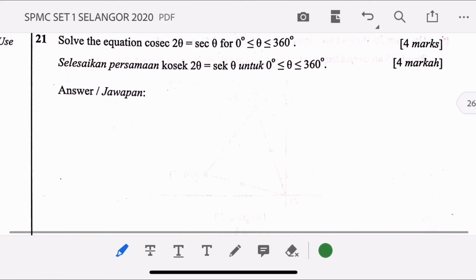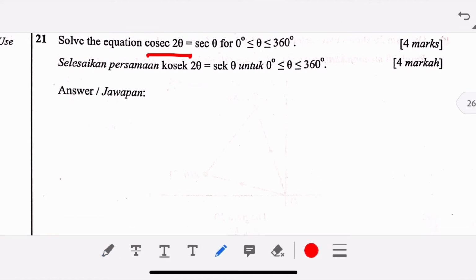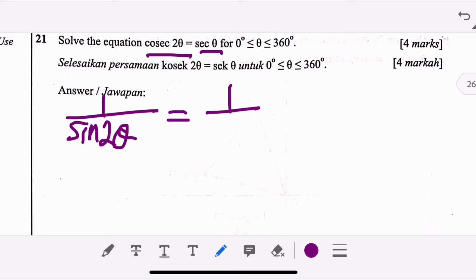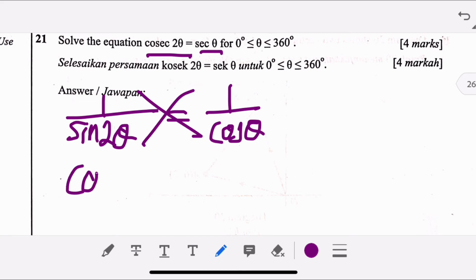Okay, question 21. Cosecant 2 theta is equal to 1 over sec theta. Cosecant is 1 over sine 2 theta, is equal to 1 over cos theta. So let's cross multiply. Cos theta is equal to sine 2 theta.